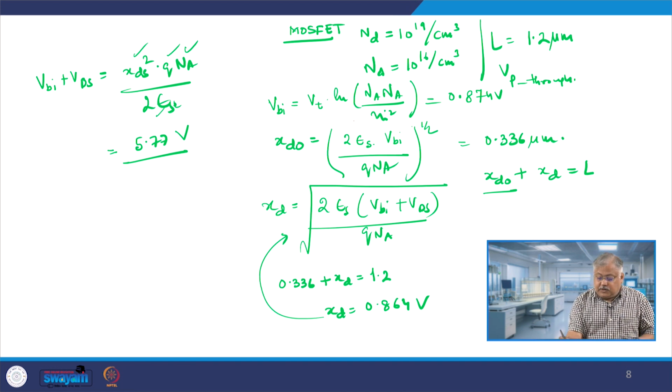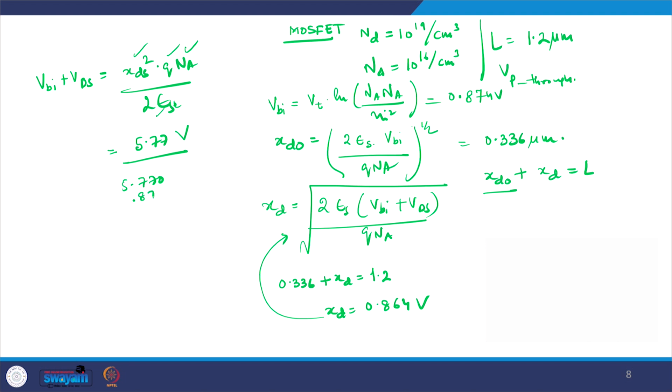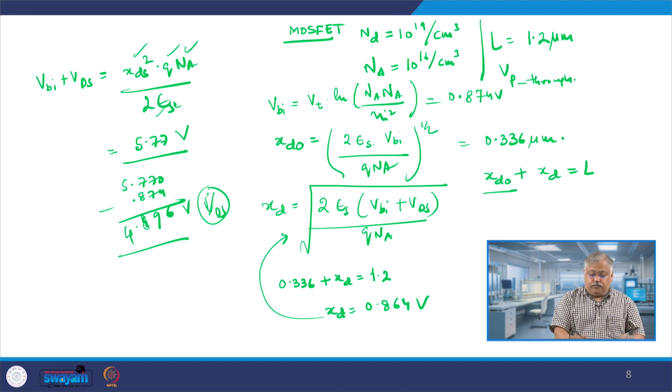From there, if you subtract 0.874 from 5.77, you will get 4.896 volts, which will be the value of VDS. So, when your drain to source voltage becomes almost equal to 4.89 volts, you typically have punch through happening in this case.